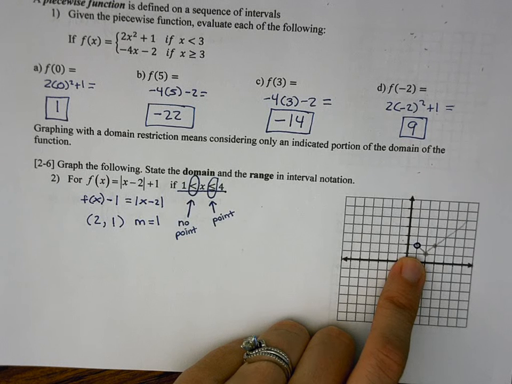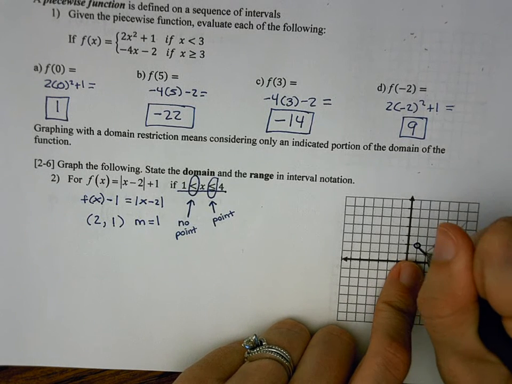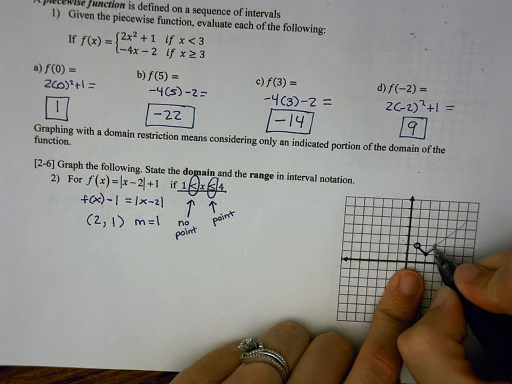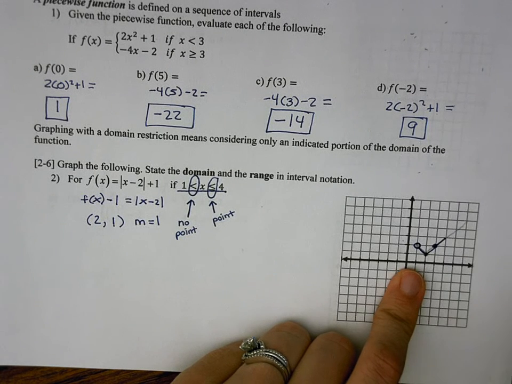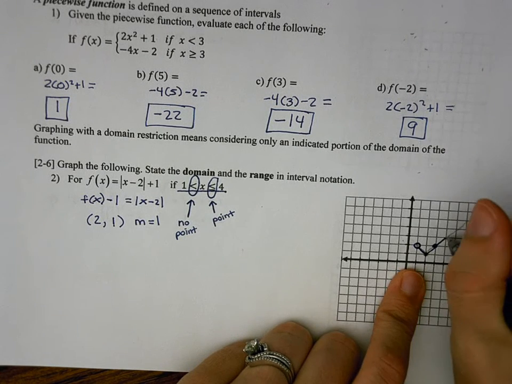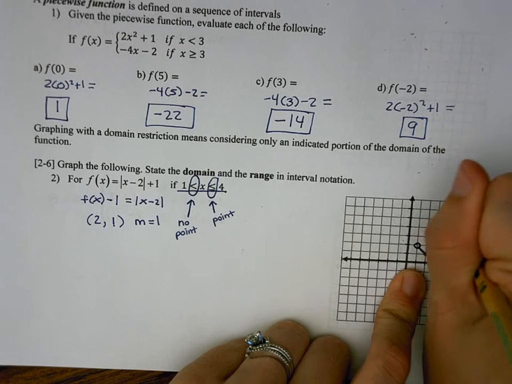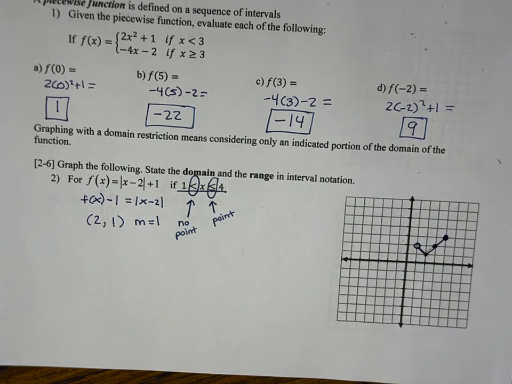A hole. And then my graph is going to go from there until I get to 4. So we're at 2, 3, 4, at which place I am going to put a point. And then the rest of my graph doesn't exist. Okay? That's how we do a piecewise, or at least a part of a piecewise.